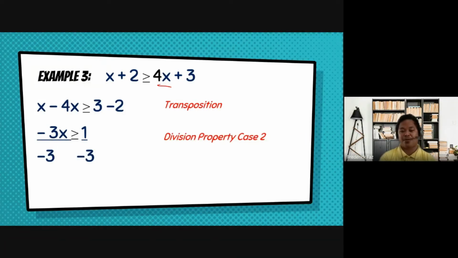And applying division property case number 2, we divide both sides by negative 3. So the inequality symbol, from greater than or equal, becomes less than or equal. And then, x is less than or equal to negative 1/3.